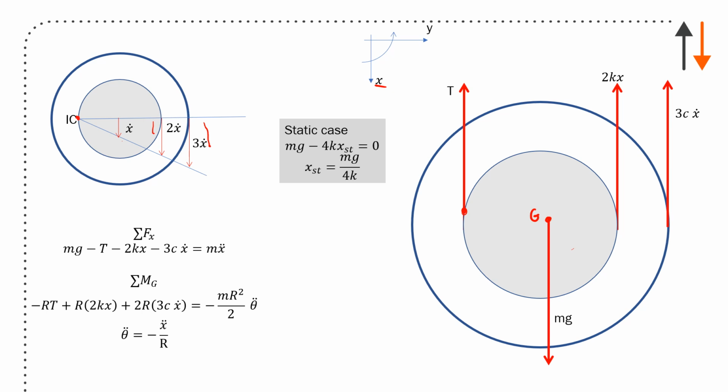Theta double dot you can get from the standard trig or geometric relationships in MIU 100, and that's theta double dot is minus x double dot over r. And it's minus because it's going downward, and downward is positive in this case, and clockwise is negative. So theta double dot in this case, as it rolls down, is going to be negative.